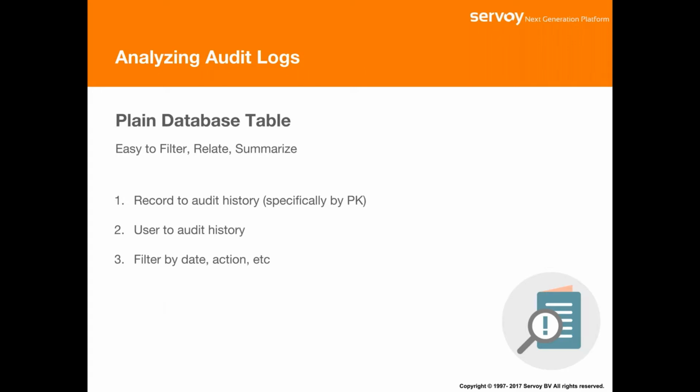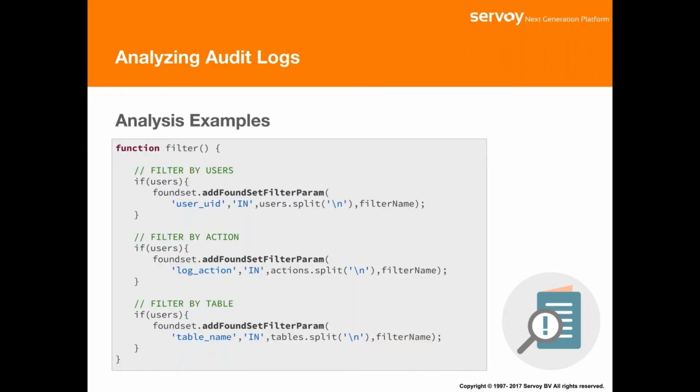Once you've captured the audit records, it's pretty easy to analyze. In our example, we saw the user chopping it up by date and user and table. This is a bit of the code. I didn't show you the code, but in that case, I was just doing simple found set filter params.